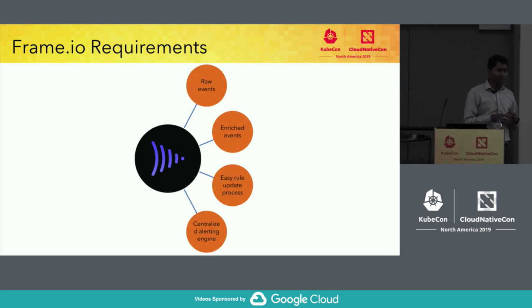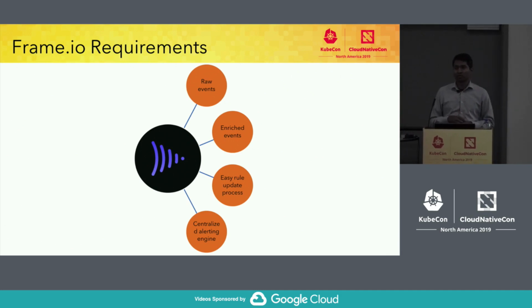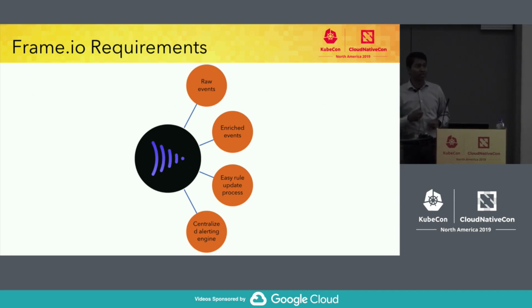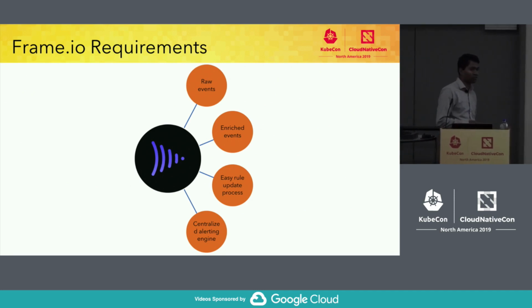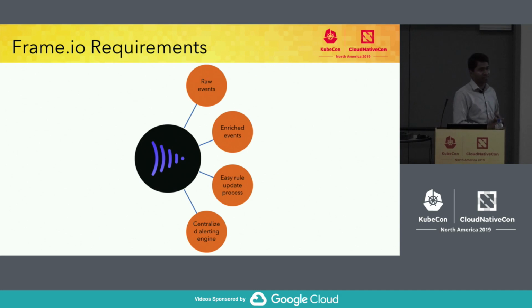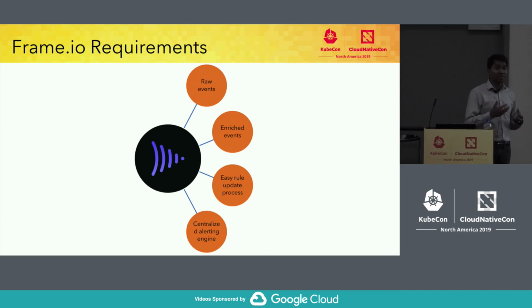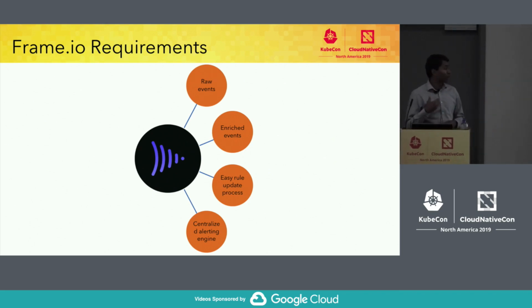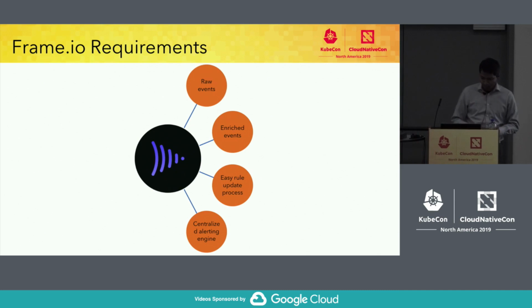Falco does a pretty good job of collecting metadata related to an event, but we wanted more context associated with our system calls. For example, what kind of cluster it is running in, whether it is running in ECS or EKS, which VPC it was running on, which load balancer it is accepting the request from, and so on. So we wanted a lot more context around those events.